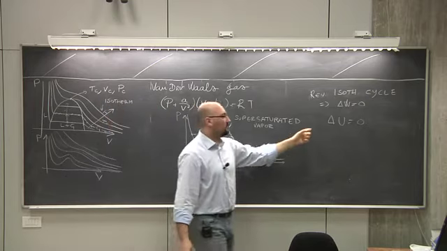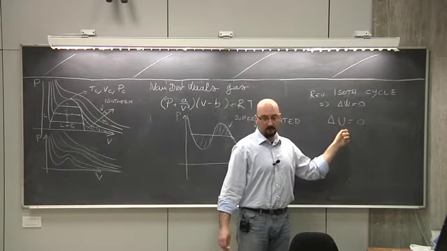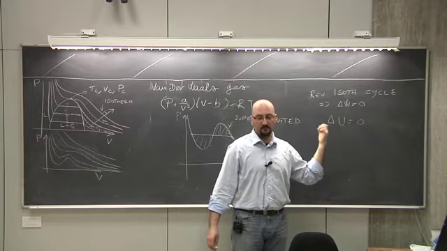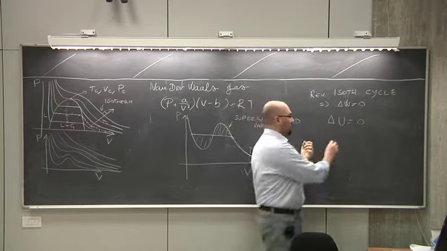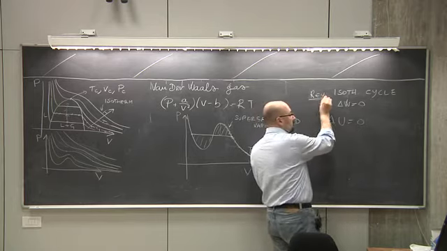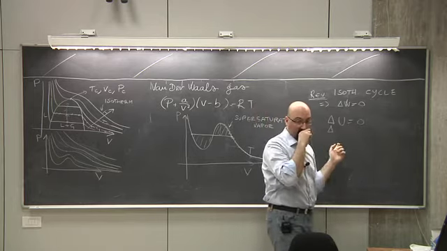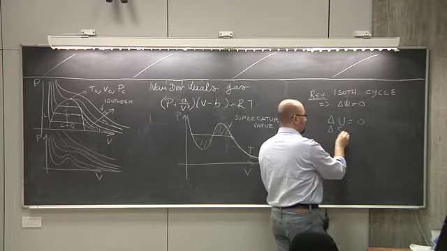So, okay, dU is 0 because U is a state function. Which other state function do you know? Entropy. This is reversible, okay? So dS will be 0.